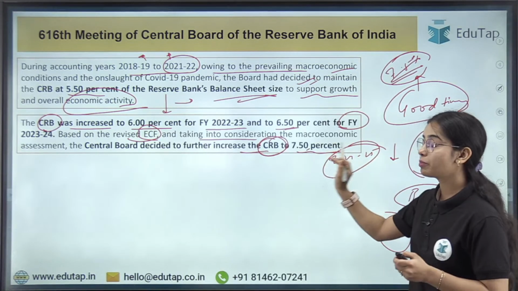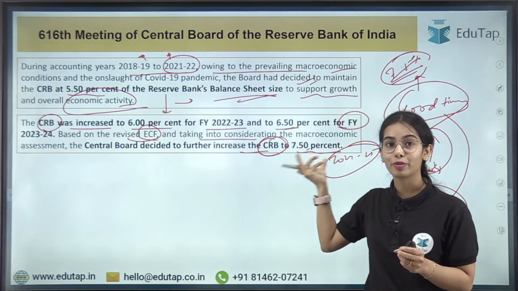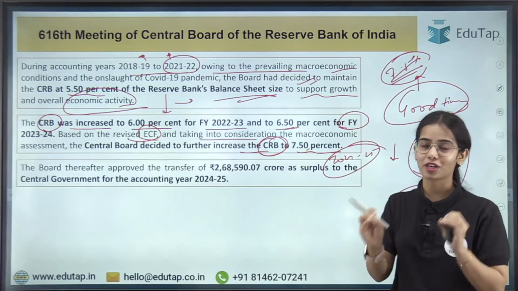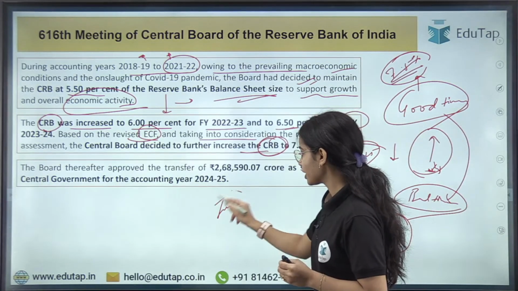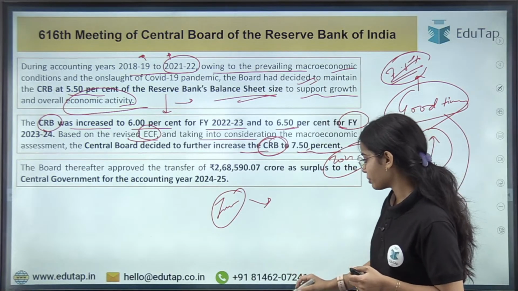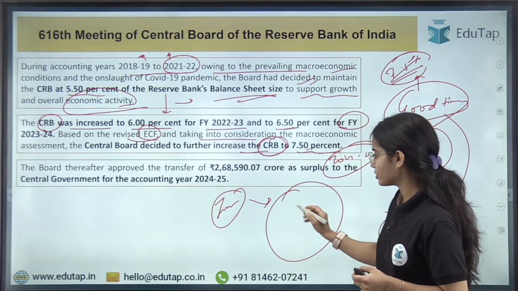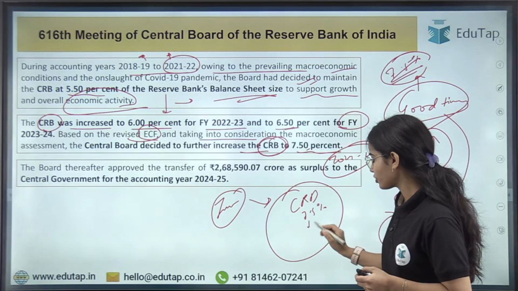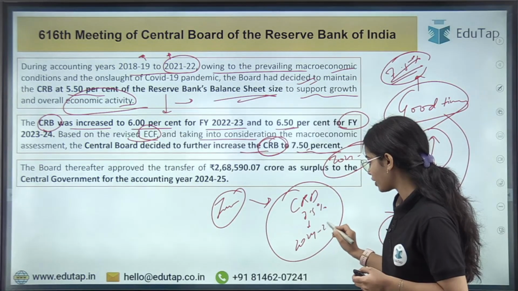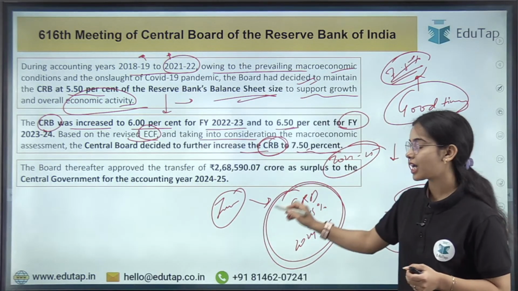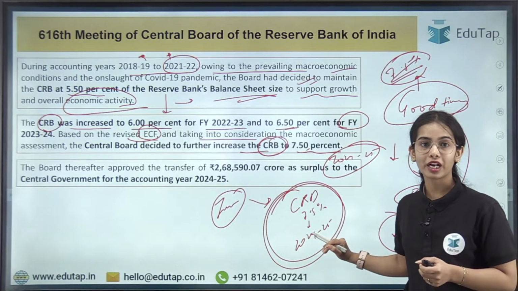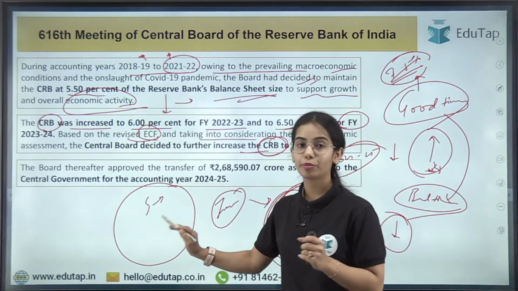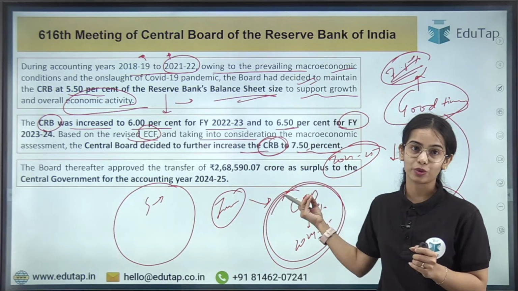And even after maintaining such high buffers, the RBI has transferred the highest ever surplus to the central government. So from its income, even after maintaining the highest ever buffers of 7.5% of the balance sheet for the financial year 2024-25, the RBI has done the highest ever surplus transfer to the Government of India of 2.69 lakh crore.